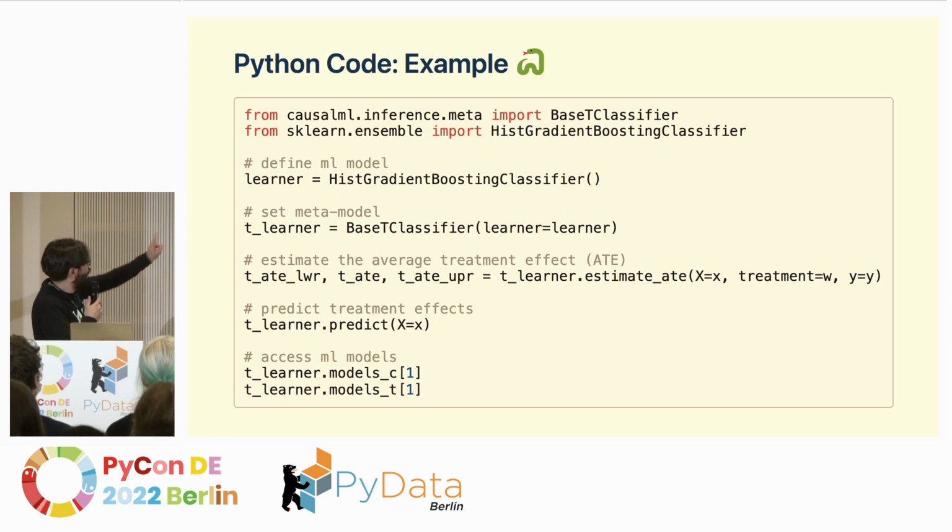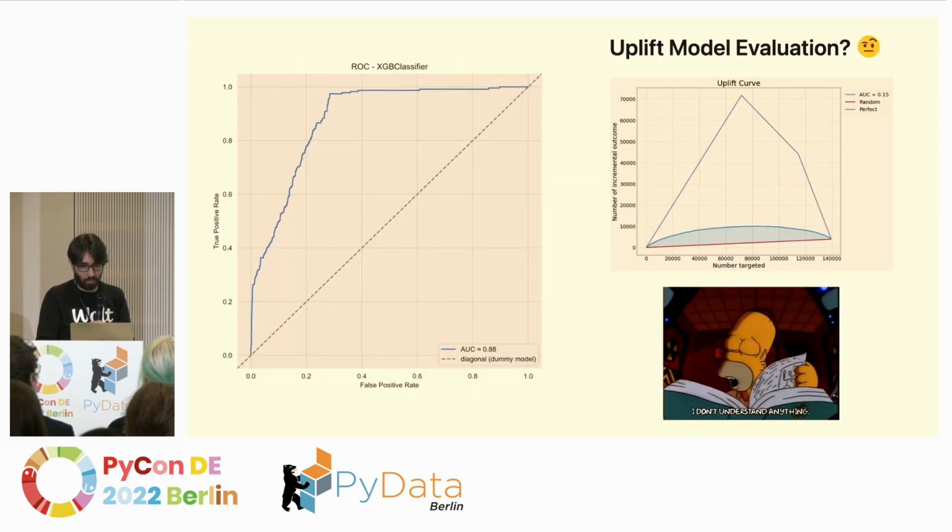And then I input that into the BaseTClassifier, and I just call fit and predict, and you can get the average treatment effect, which is the average of the whole population, and also you can have the conditional average treatment effect, which is at user level, and you can access the models to do any type of debugging or some quality checks on the models themselves. So again, the code is not that hard. What is hard is really to understand what's going on behind the hood.